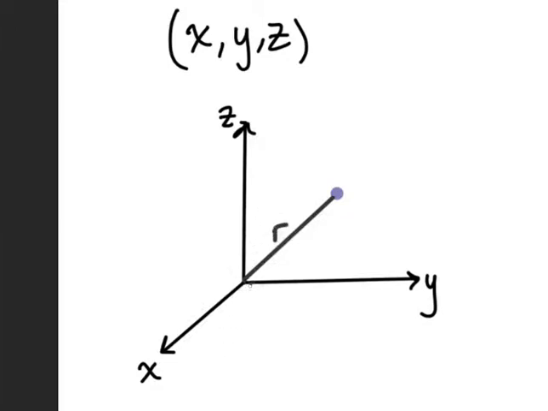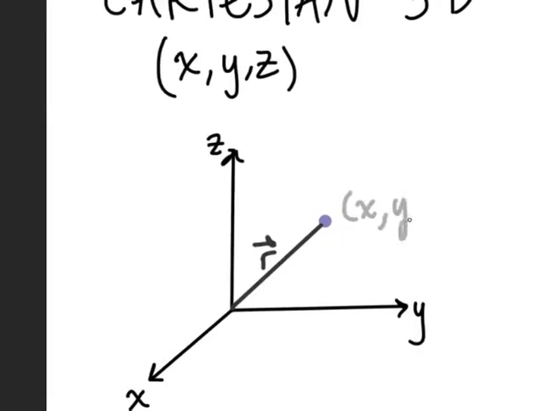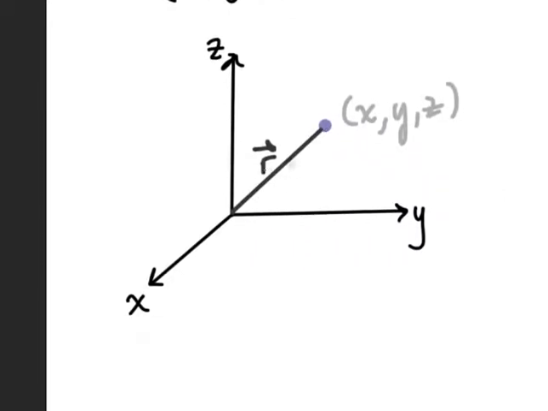So we're defining r as some distance to the point from the origin, as where this particular point is, and it has a magnitude and direction, so it's a vector. And this point is at location x, y, and z. So how do we define this vector r?